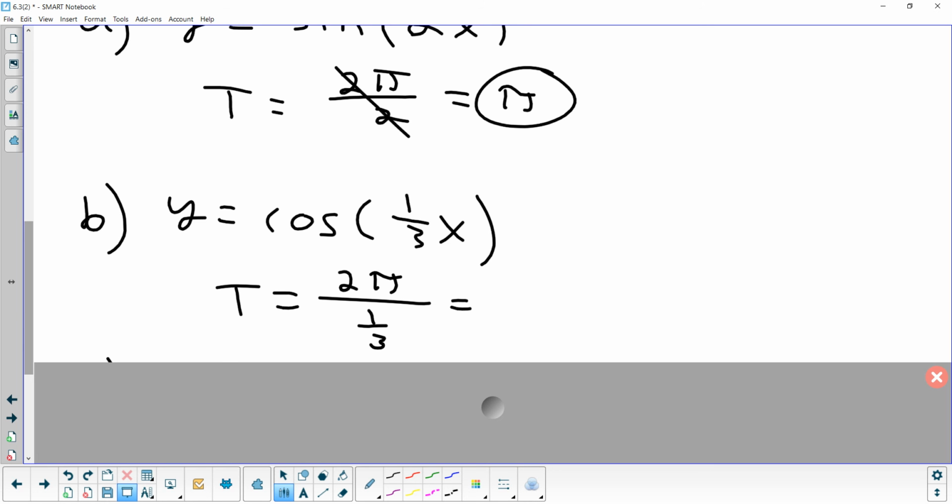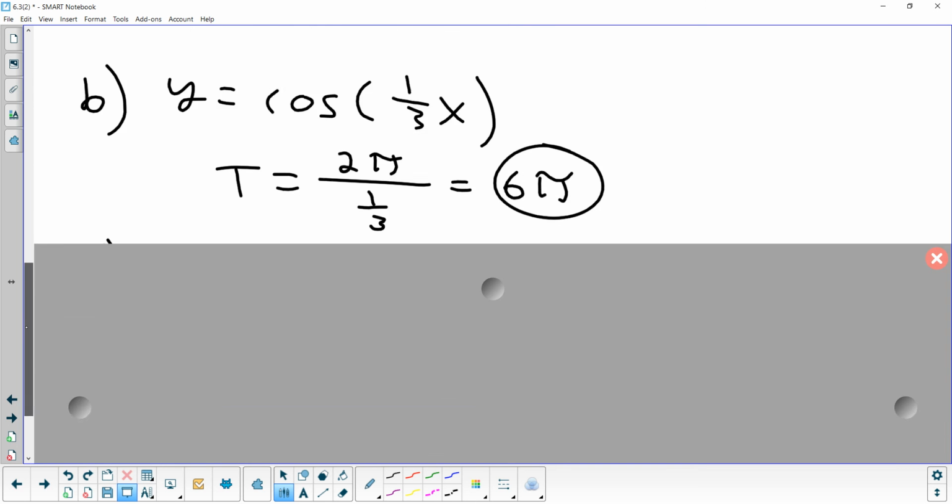And what do you get if you divide 2 pi by 1/3? Wouldn't it be 6 pi? 6 pi, because you're dividing by a fraction, so you flip it and multiply. So you'd really end up with 2 pi times 3, which is what we said should happen. And the period gets 3 times as big as it was.